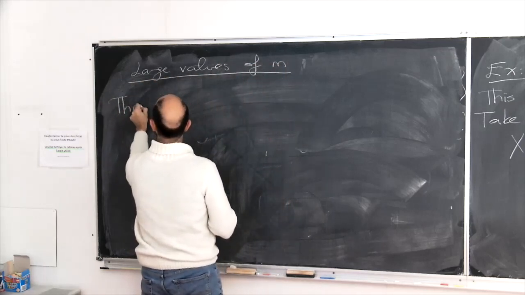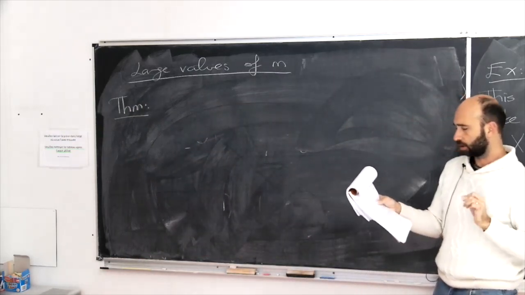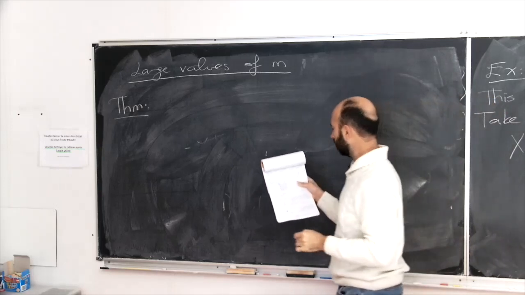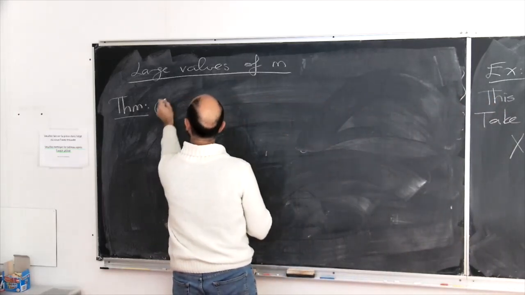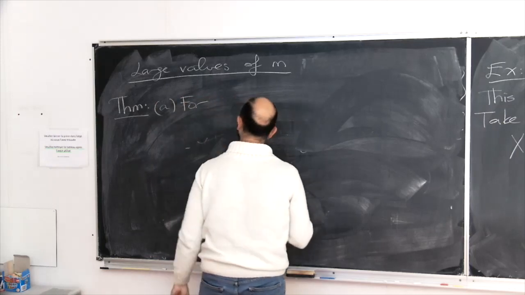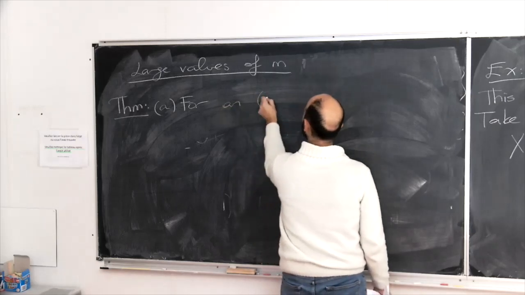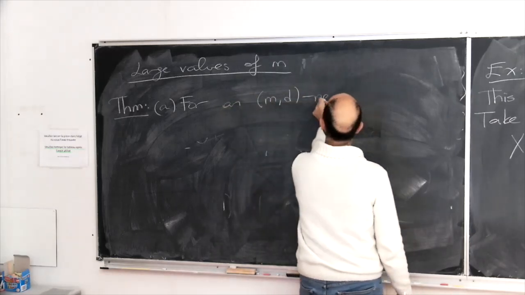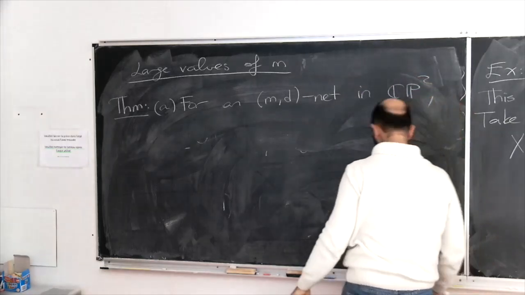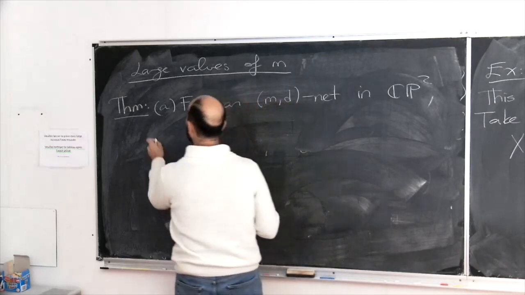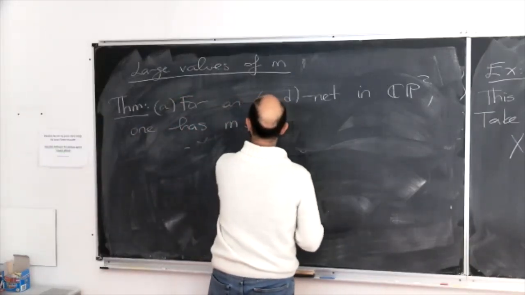It's a theorem that first appeared in a paper of Libgober and Yuzvinsky, then later in another paper of Yuzvinsky. It says, part A, for an (m, d) net in CP2, one has m less than or equal to 5.